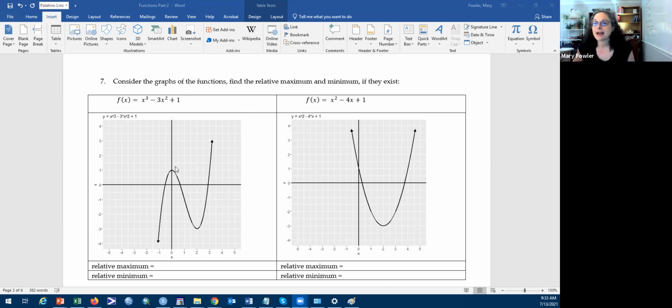This is a relative maximum because in the interval around that value, all the other values of the function are less than it is here. It's not that there's never another point on the function that is greater than it, but it's relative in its immediate interval. F of 0 is a maximum in that interval.